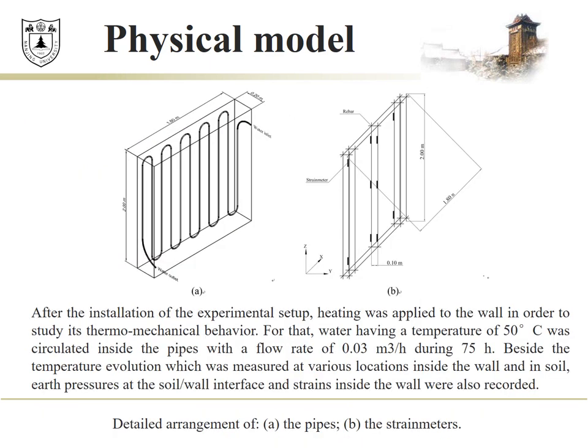This figure shows the details of the pipes and the arrangement of the sensors. Several sensors were tied to rebars to measure the strain at various locations inside the wall.